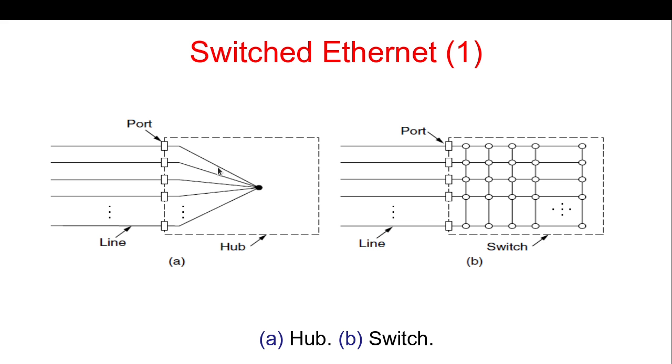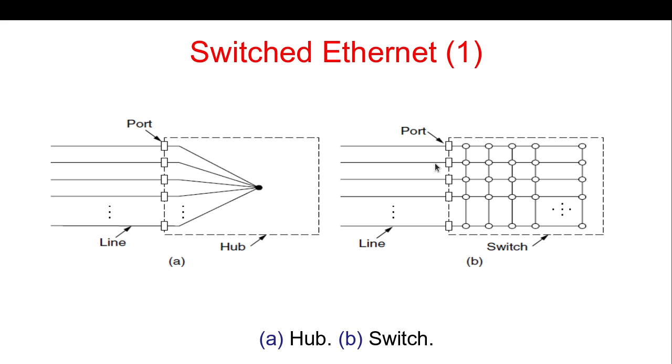In a hub, whatever signal arrives will be retransmitted to all the ports. But the switch, which is more intelligent than a hub, identifies the destination address in the frame, and this is how it only transmits the frame to where it was destined. So that frame will not be available on all the lines, it will only be transmitted to the line or to the machine where it was to be routed.